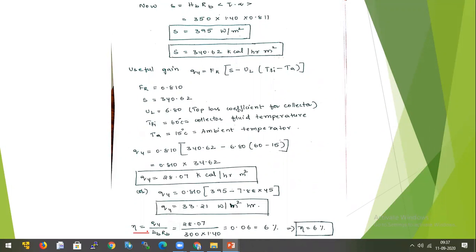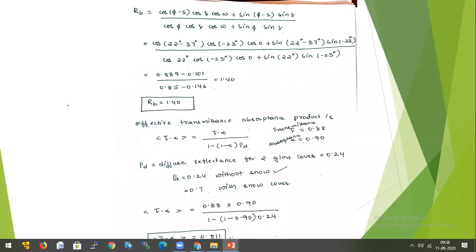Nita, last bit you have to solve. Efficiency is equal to QU by HB into RB. QU, I am taking in kilocalories, that is 228.07. HB, in previous slides we got HB as 300 in kilocalories.